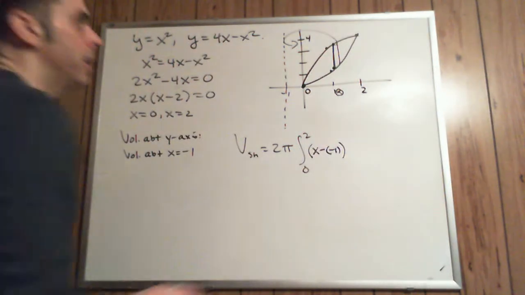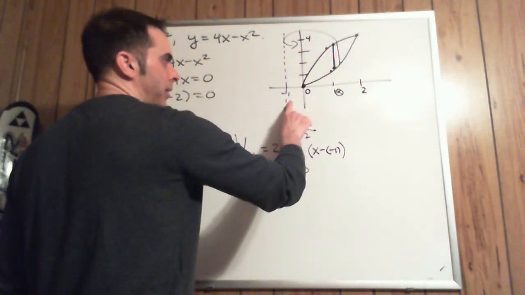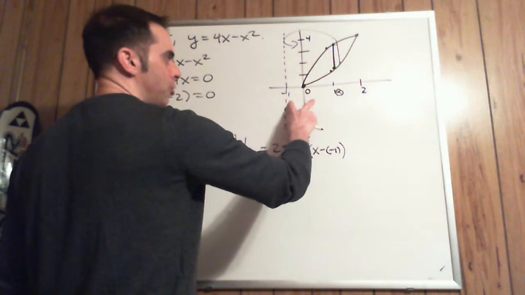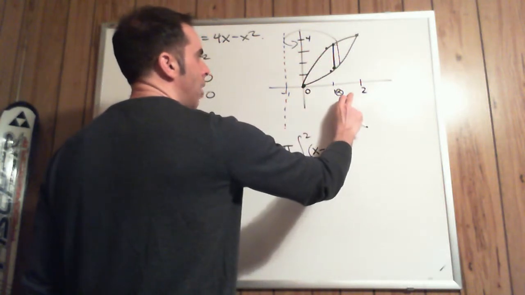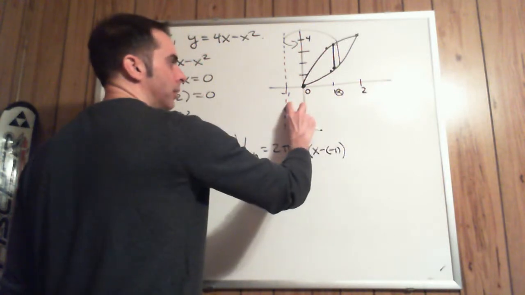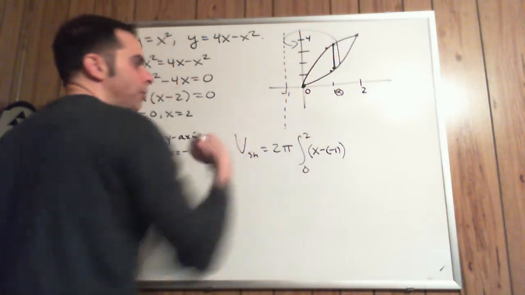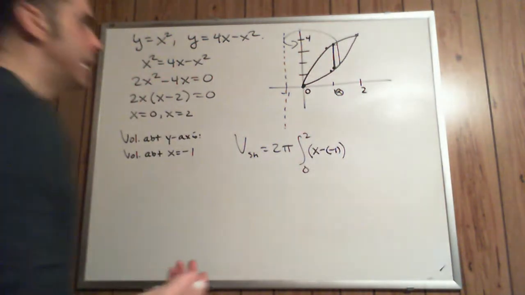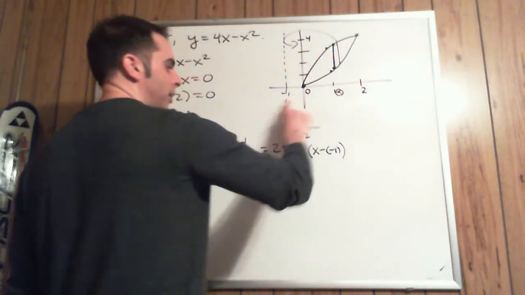So think about it. If you're here at 1, how far away are you from negative 1 then? The distance to the axis of rotation, 2 units. If you're here at 1.5, how far are you away from negative 1? Then that would be 2.5. 1.5 minus a negative 1 would become then 2.5. If you're x in this interval, how far are you away from negative 1?